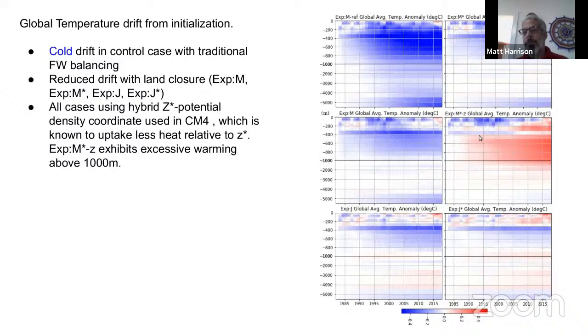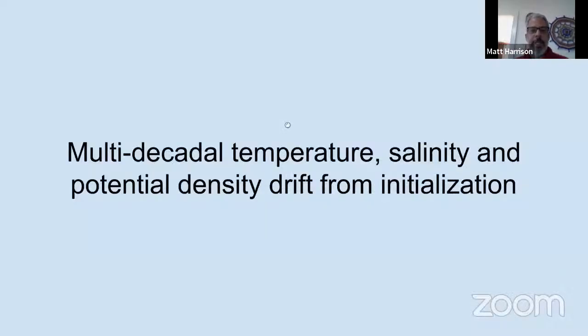This model, instead of cooling, takes up heat. This is a well-known issue with the Z coordinate model, where we get more spurious heat uptake. That's just for context. The difference between these two panels is just the vertical coordinate. Otherwise, everything else I'm going to show here is with the hybrid vertical coordinate, which is isopycnal in the interior.